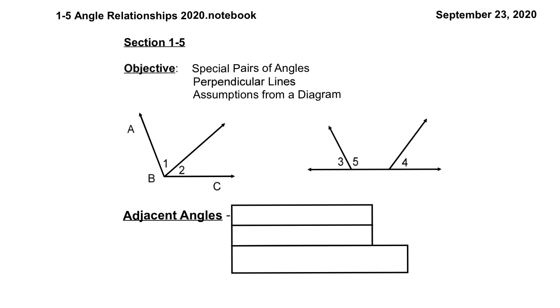So the first definition we have for today, adjacent angles. Let's take a look at the word adjacent. Sometimes we say two desks are adjacent, which technically means next to each other.